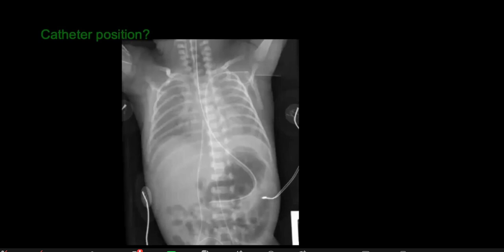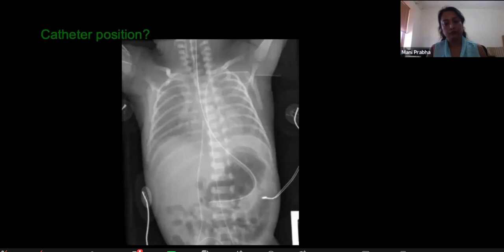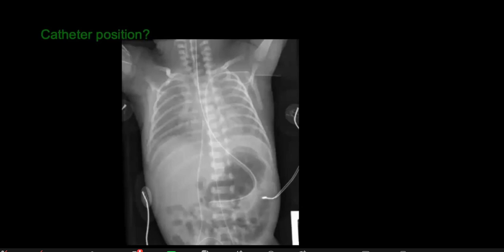I can see the nasogastric tube is well placed and is at the distal part of the stomach. And the straight line, which I can appreciate, is the umbilical venous catheter, whose upper tip is in the left subclavian artery or vein.